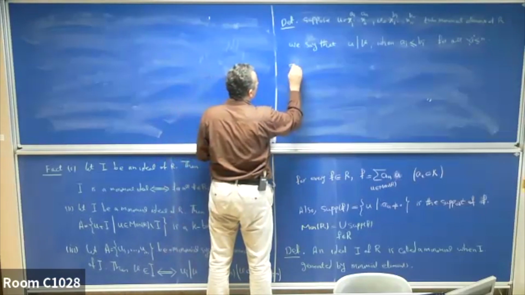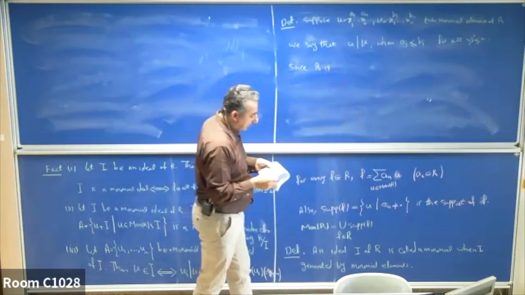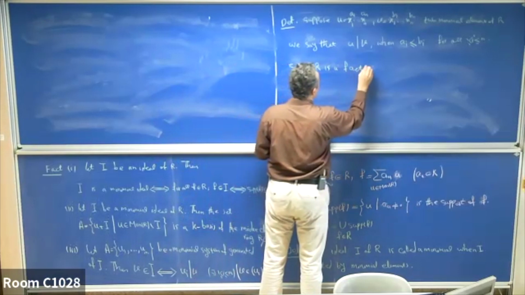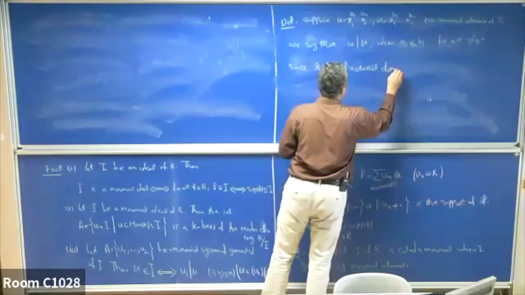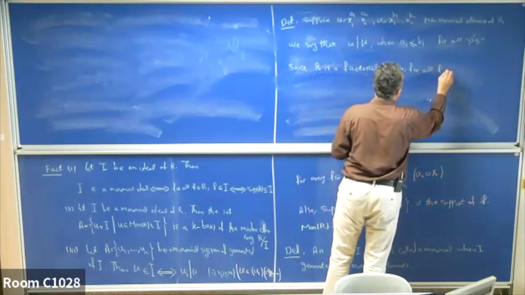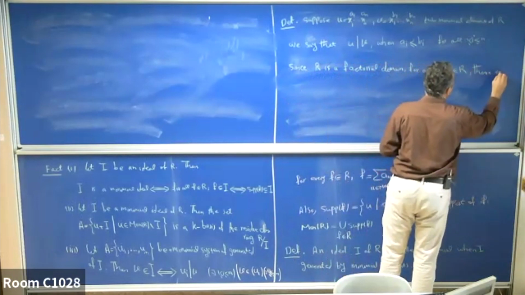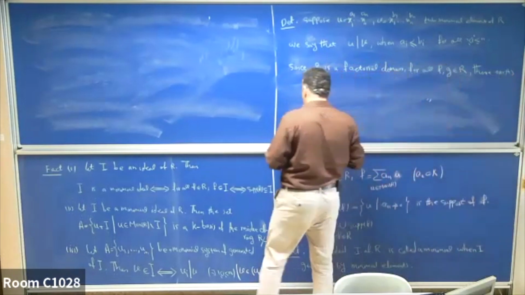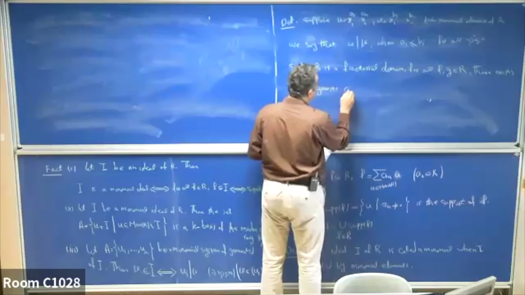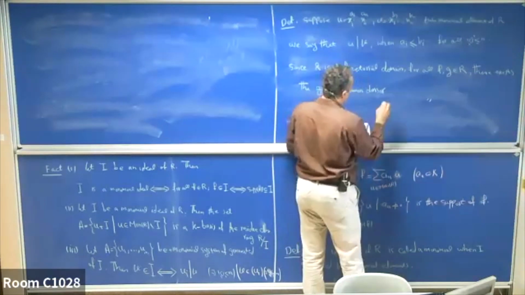Since R is a UFD, a factorial domain, for all f and g belonging to R there exists the greatest common divisor, and we write GCD.